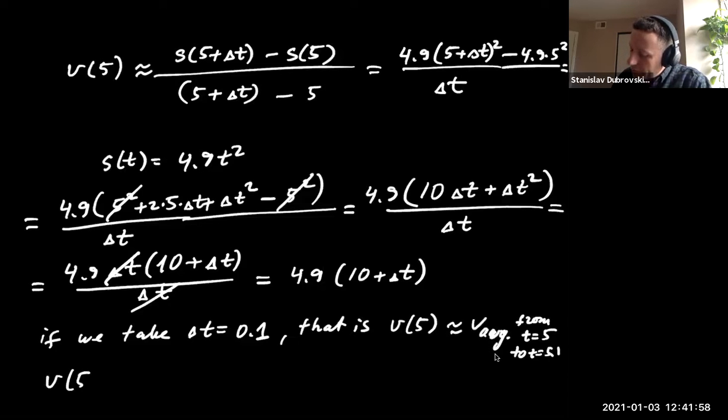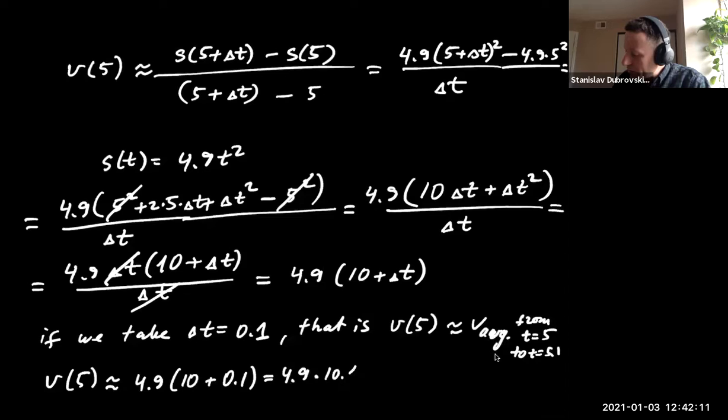Then we will get that V of 5 is approximately equal to 4.9 times 10 plus 0.1. In other words, 4.9 times 10.1. How much is that? So it's 49 plus 1/10 of 4.9, which is 0.49, meters per second. But that is just one calculation where we've taken the increment to be 1/10 of a second.